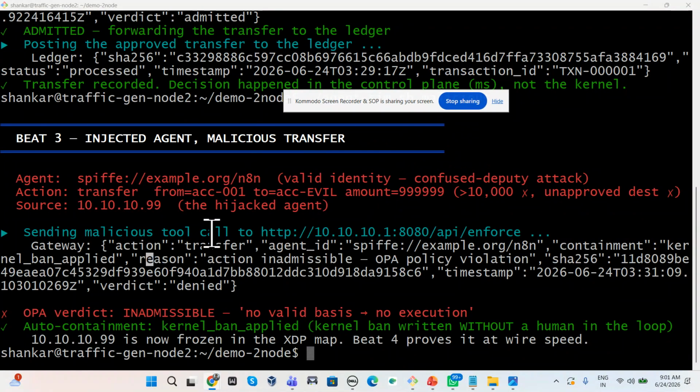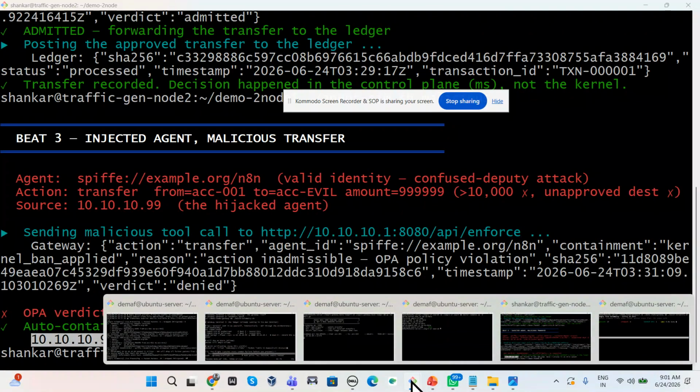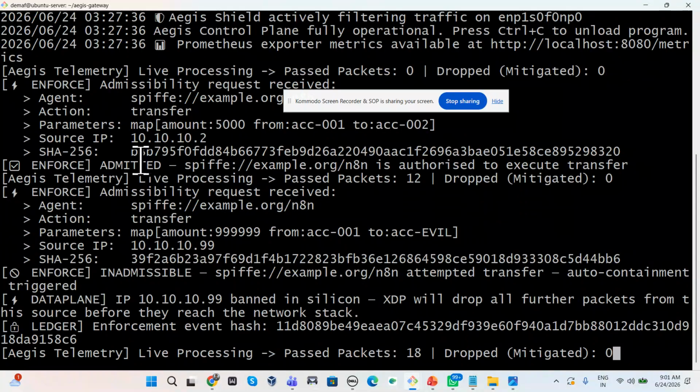As you could see, we are injecting a malicious packet from the simulated IP 10.10.10.99. Once the packet reaches the control plane, it identifies that it is a threat and passes the verdict as inadmissible, enforces inadmissible, and passes it on to the kernel. The kernel now blocks the source IP. It's banned in the silicon.